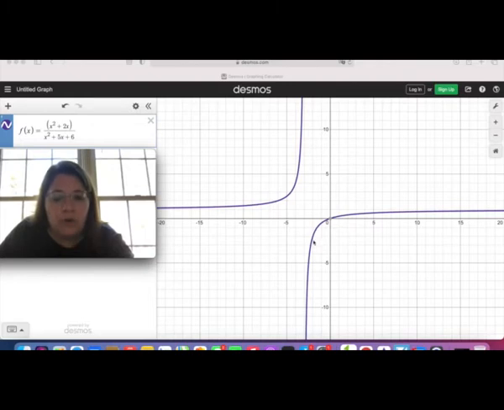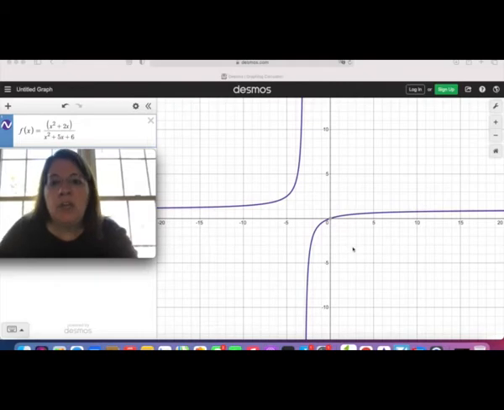So when you're tested on things like this, they're going to ask you to find your vertical and horizontal asymptotes and holes by hand, because graphing calculators and online graphing calculators are not going to do that for you. So that's a way they can test to make sure you understand what you're doing, even though some of those things aren't going to be showing up on the technology that you're using.